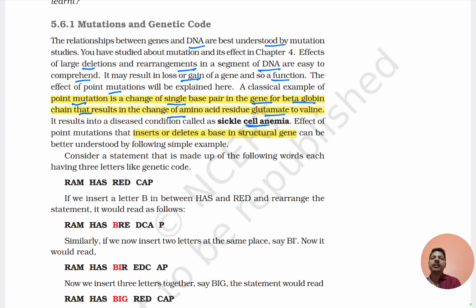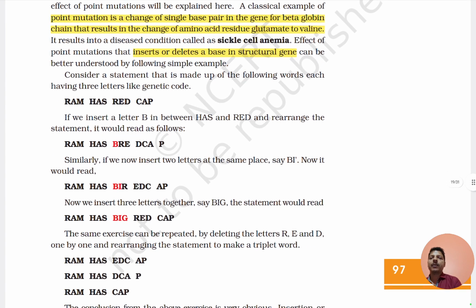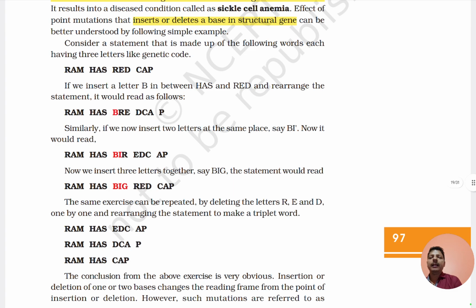The effect of point mutations that insert or delete a base in a structural gene can be understood by the following example. You can see a single letter is entered here like this, and the whole line is altered, as you can see. Then whole 3 codons are inserted, and the reading steps are the same.